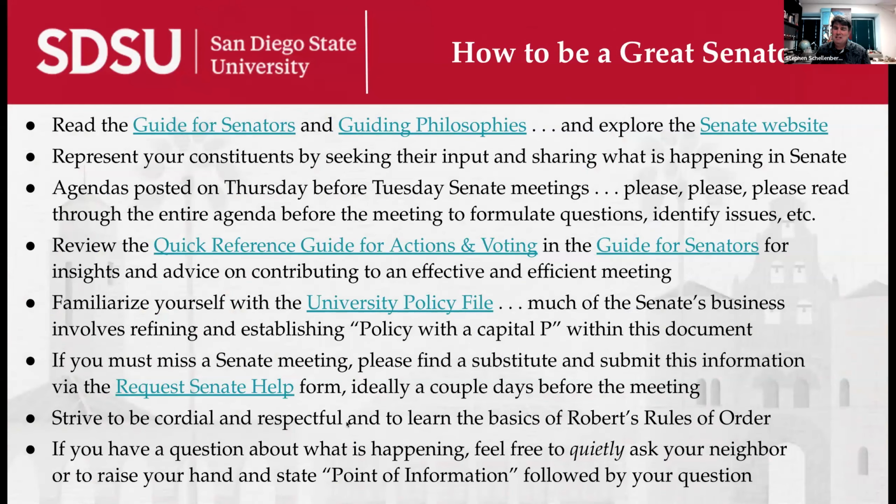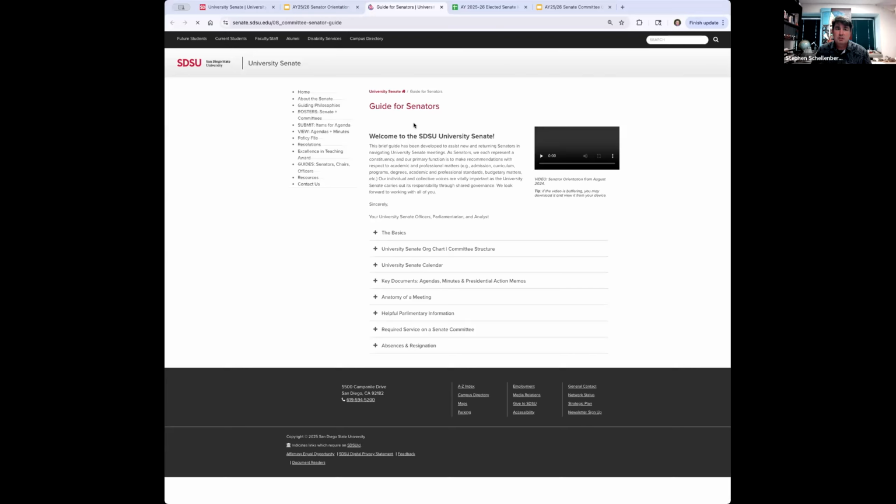Again, lots more bullets. These are really almost like a distillation that you all can read faster than I can speak. We've put together a guide for senators, thanks to Mario, myself, and the officers. We recently went through this guide just to point you to it. A lot of information here. It's a one-stop shop. If you are a new or continuing senator, I really encourage you to take a look.